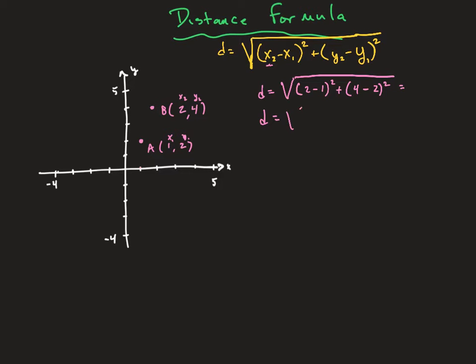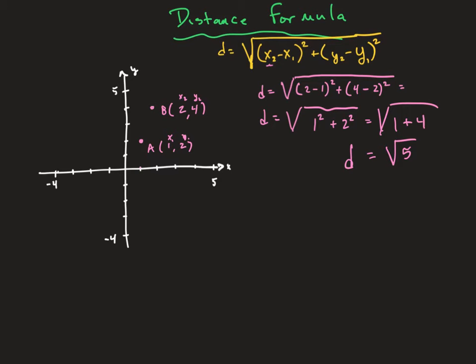My distance is going to be the square root of 1 squared plus 2 squared, which is the square root of 1 plus 4, which is the square root of 5. So the distance between point A and point B is the square root of 5, and that's using the distance formula.